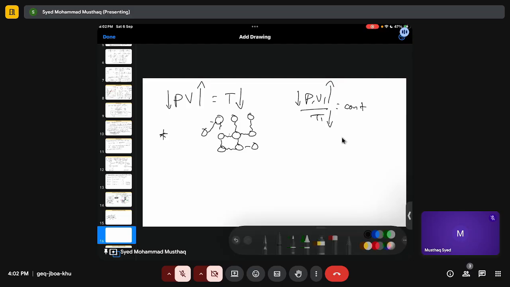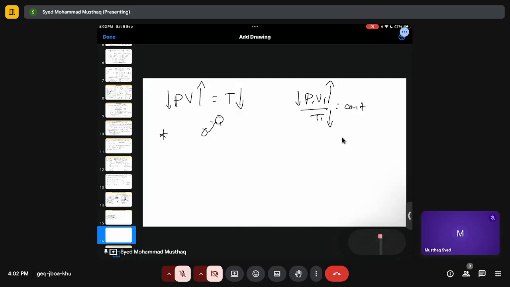In gases there is no symmetry, they are just moving around here and there, so there must be some interaction between them.